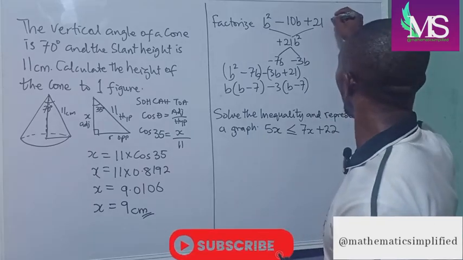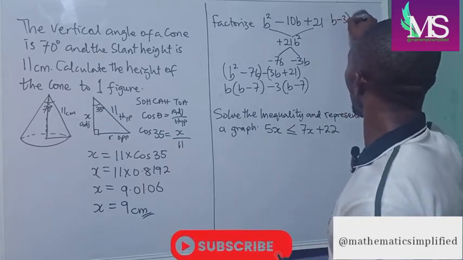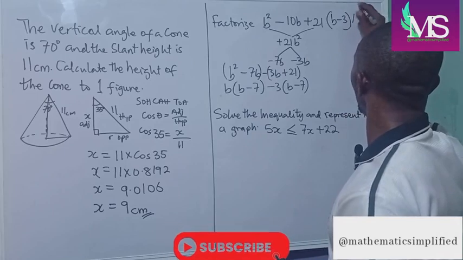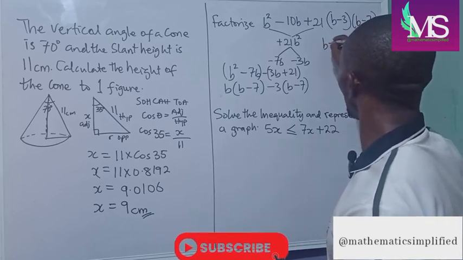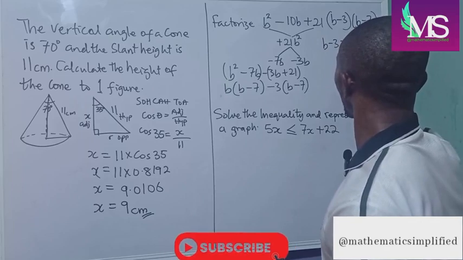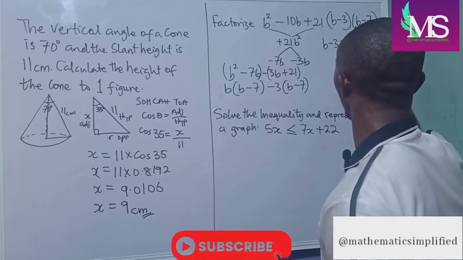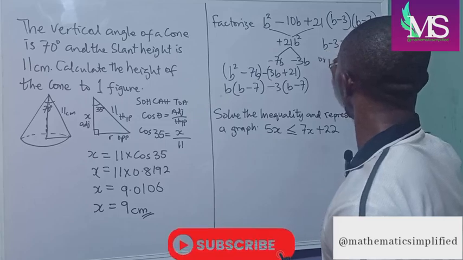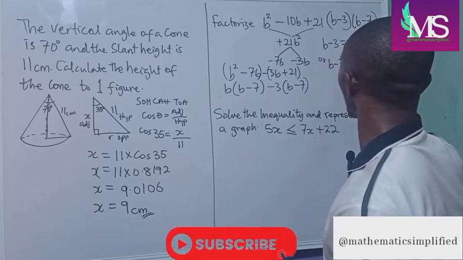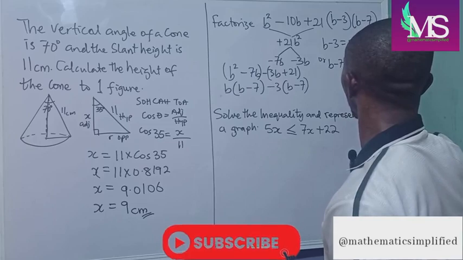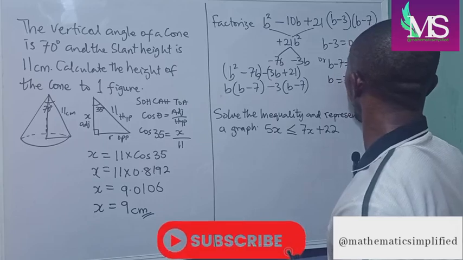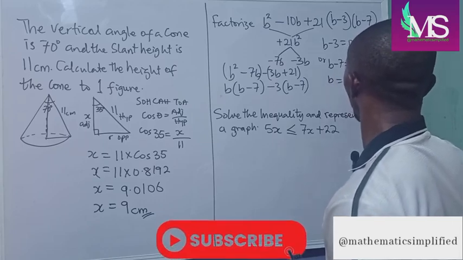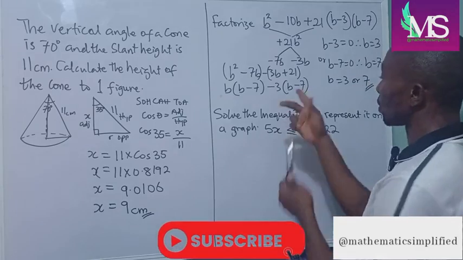Alright, so here we are now having b minus 3 and b minus 7. From here we have b minus 3 equals 0, so therefore b equals 3, or b minus 7 equals 0, so therefore b equals 7. So our answer will become b equals 3 or 7. Now we have factorized this equation.